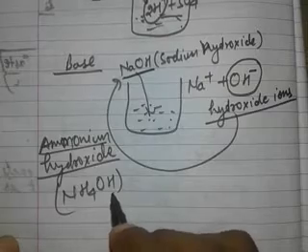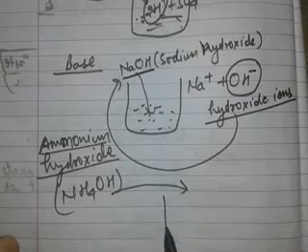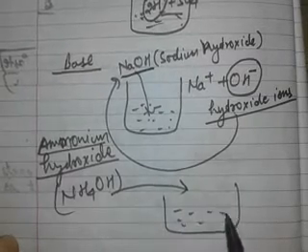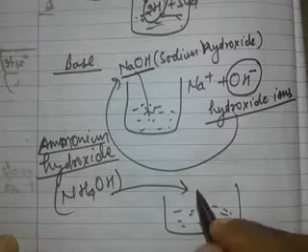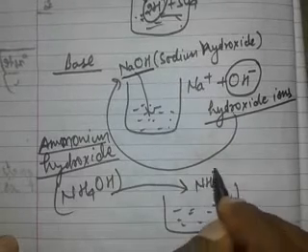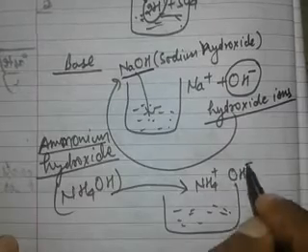When we pour this ammonium hydroxide in water, it dissociates into NH4 plus and OH minus.